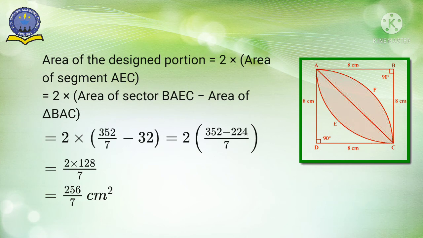Is it clear? I hope all of you understood this question. From this chapter, area related to circle, mainly three exercises are there: 12.1, 12.2 and 12.3, and all these three exercises we have completed. Each and every question we completed.